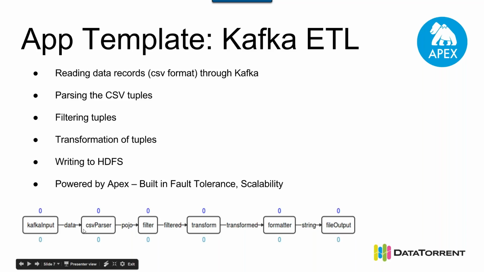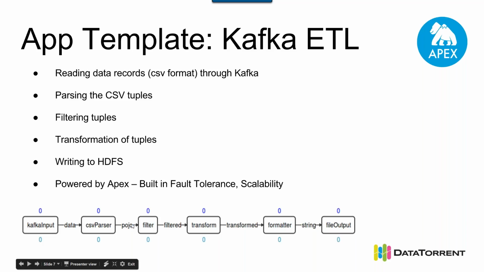That's why after Kafka, I'm using a CSV parser. From Kafka, the CSV parser will fetch this data and convert these records into plain Java objects. I'm converting them into Java objects, as it is going to be easier for me to deal with Java objects than dealing with strings.